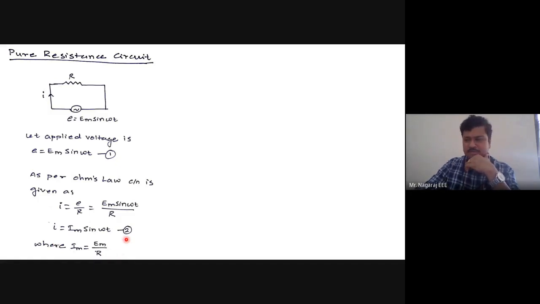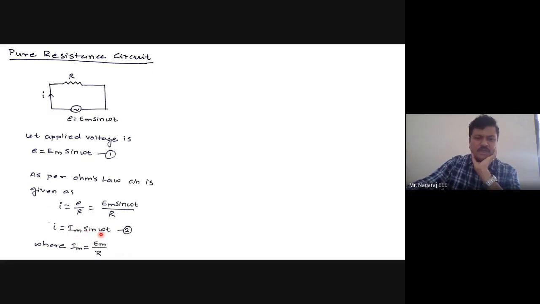I can observe here that equation 1 represents the voltage and equation 2 represents the current. It is also sin omega t. Im and Em depend upon whether it is voltage or current. Observe the sin omega t and sin omega t: the phase angle of voltage is 0, and the phase angle of current is also 0.